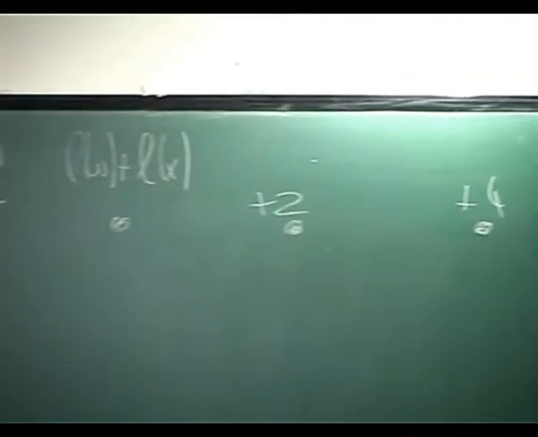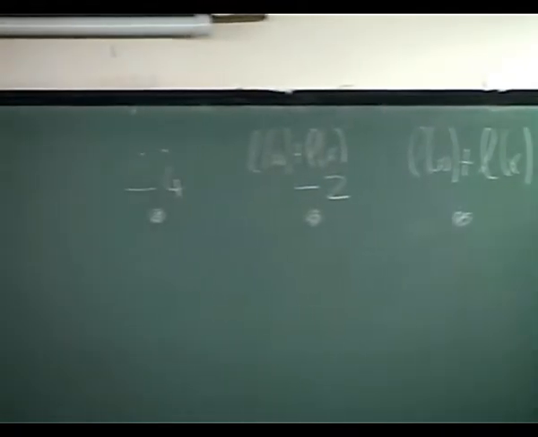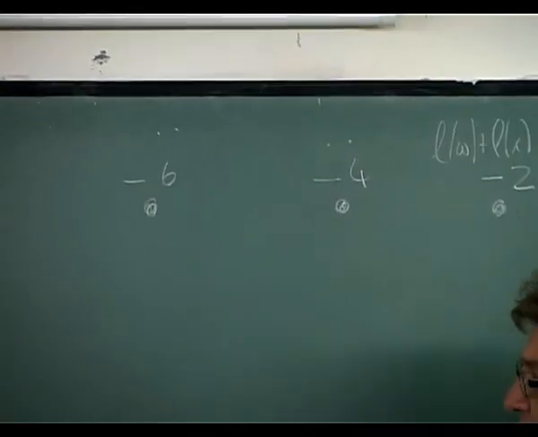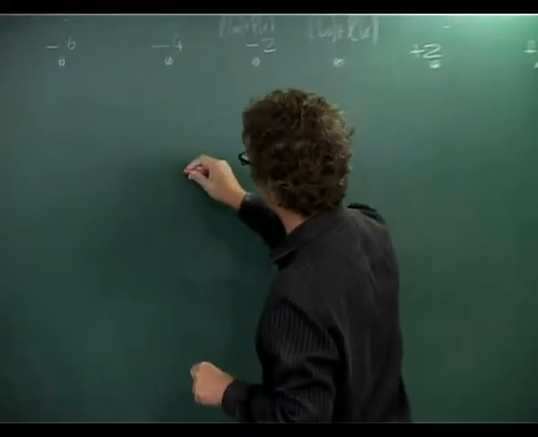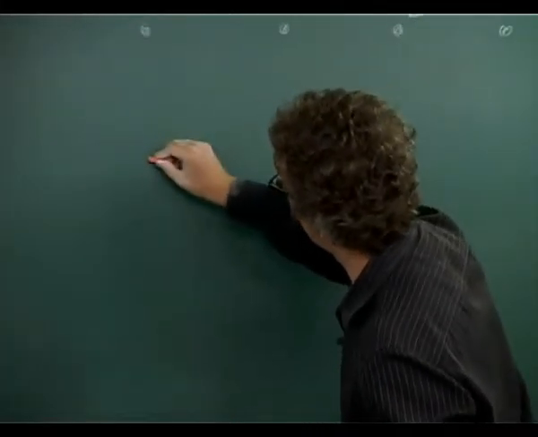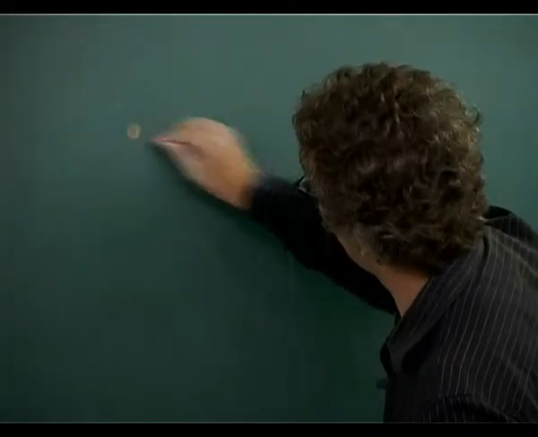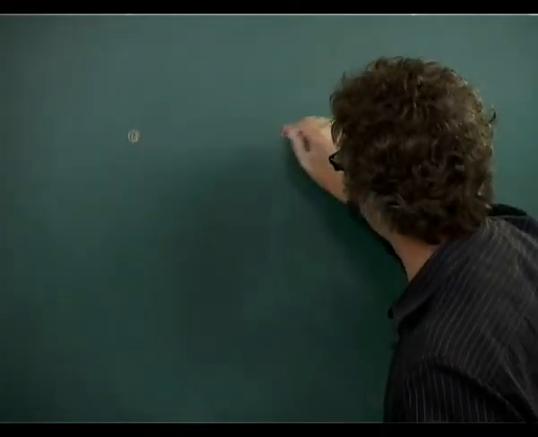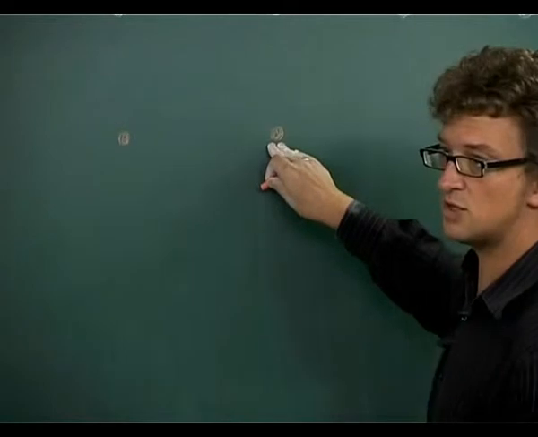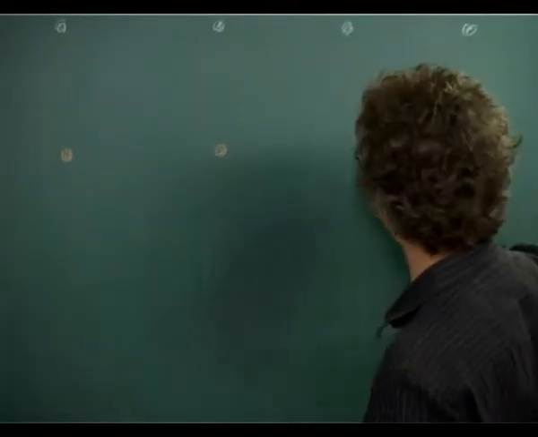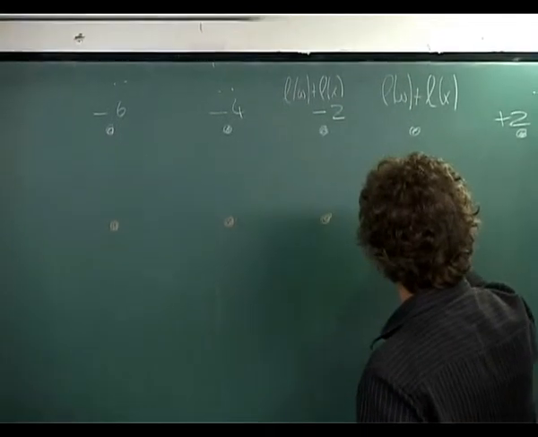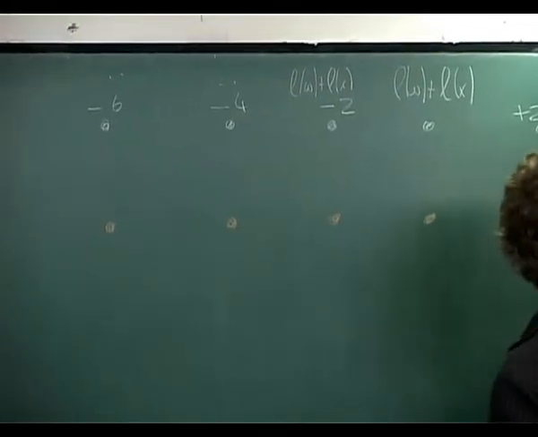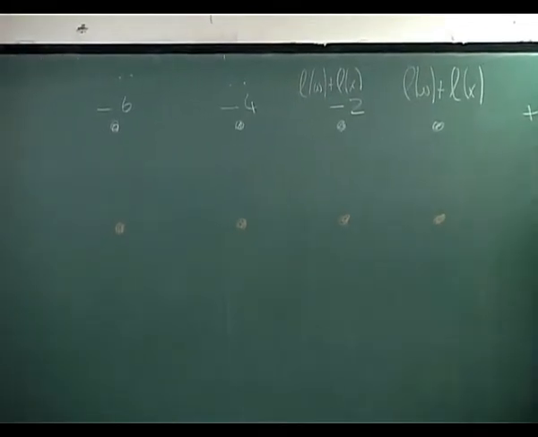A free graded KT module looks as follows. It has a generator, say in degree minus 6, and then T times this generator generates a one-dimensional subspace in degree minus 4. Then there is something in minus 2, something in 0, 2, 4, 6.